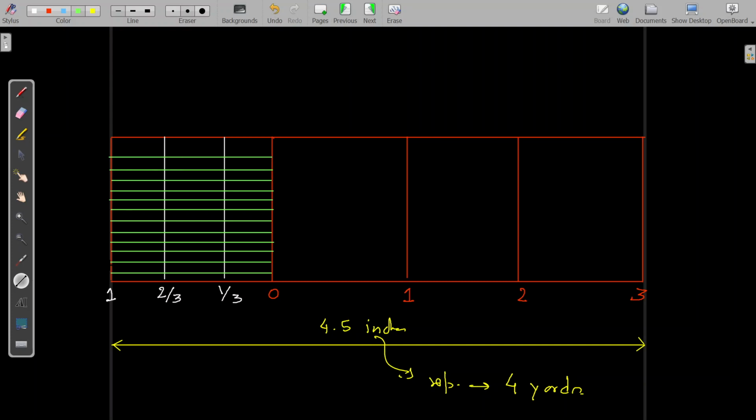Okay, this I have divided into 12 parts. Again, diagonal scale, join this line to this, this line to this line to this.